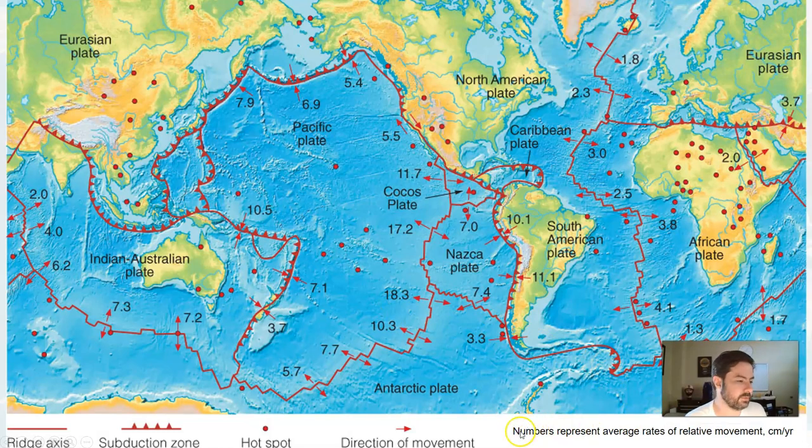On this map, just as a reference, the numbers represent the average rate of relative movement of these plates in centimeters per year, depending on where you're at. For example, along the mid-Atlantic ridge, the North American plate is being pushed away from that mid-oceanic ridge, the mid-Atlantic ridge specifically, at a rate of 2.3 centimeters per year.